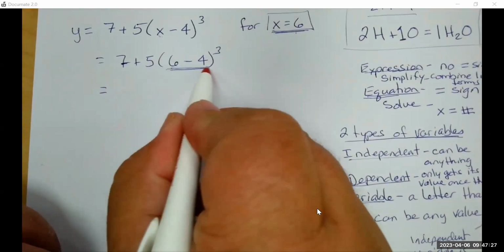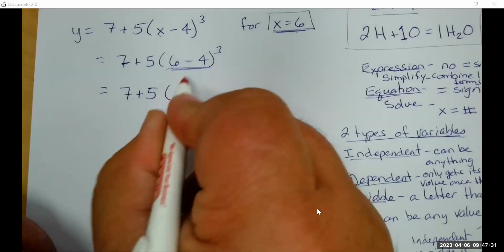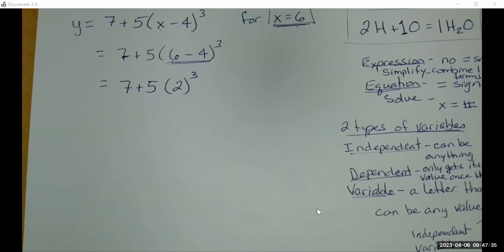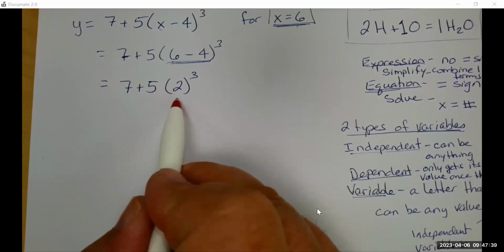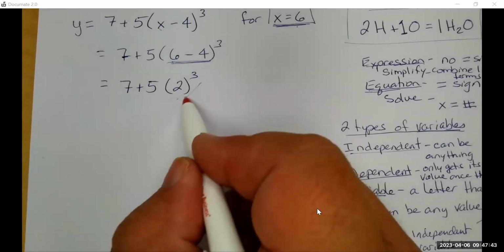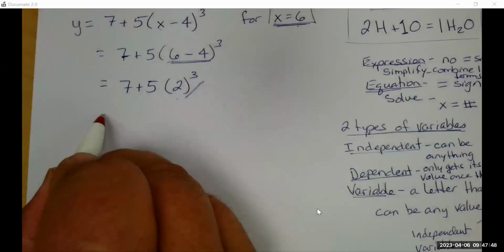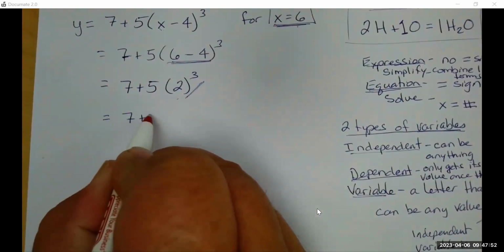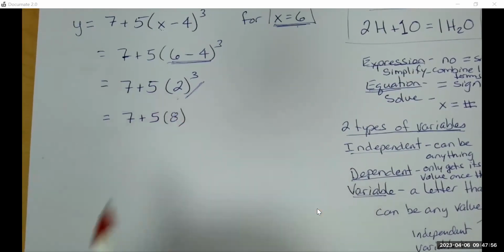So we have to do inside the parentheses first. 6 minus 4 is 2. Every time you do something, repeat it. Okay, we have a parenthesis. Can we do anything inside the parenthesis? No, that's just 2. So what's the next thing we can do? The next thing are exponents. What is 2 to the 3rd power? 8. Very good. It's 2 times 2 times 2, which is 8.